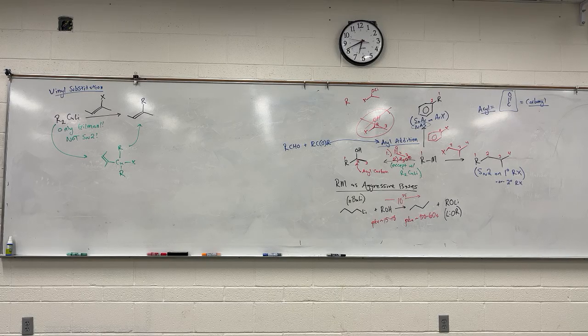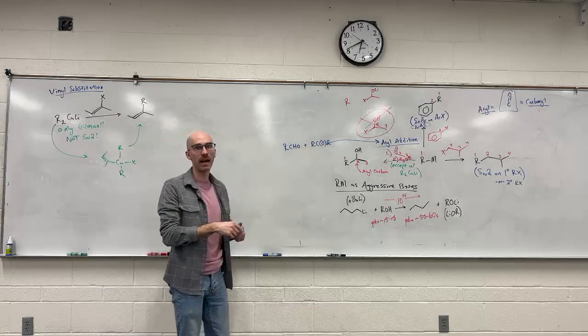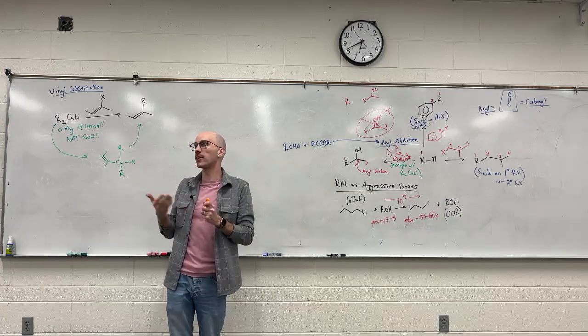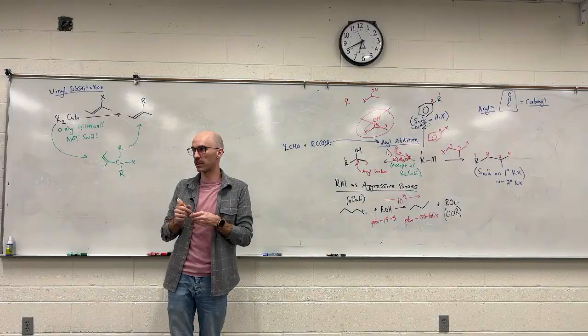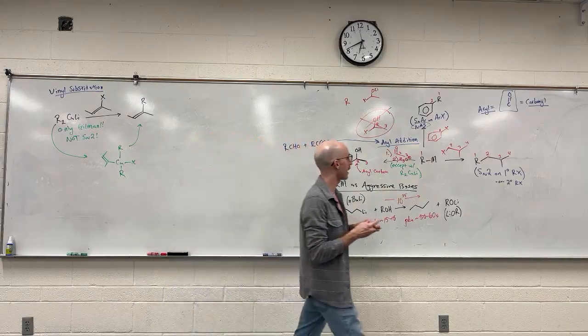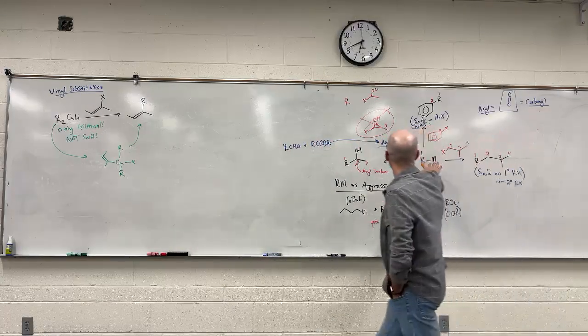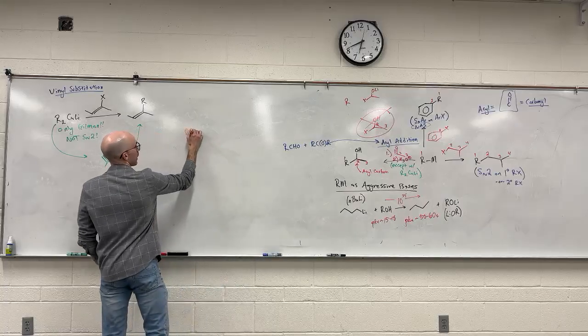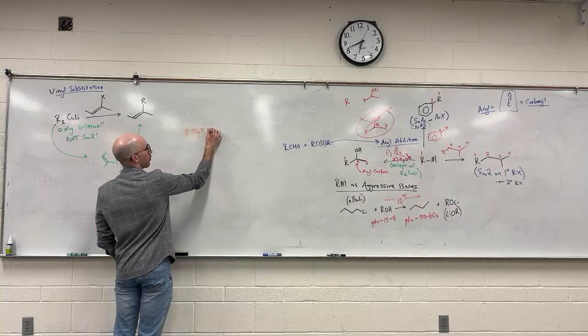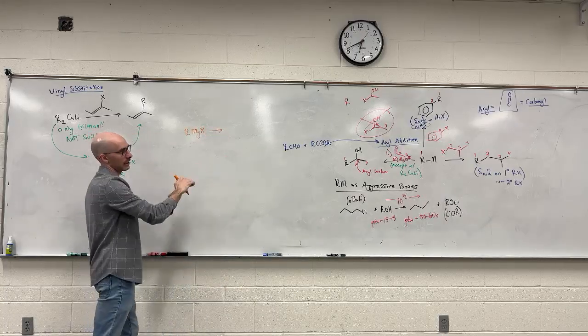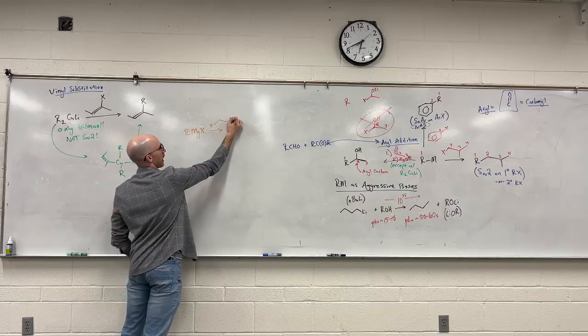Hey guys, let's take a quick analysis on some of these byproducts, because I think not looking at the byproducts may have been a little confusing. Let's say that I had used a Grignard organomagnesium halide in this substitution reaction.